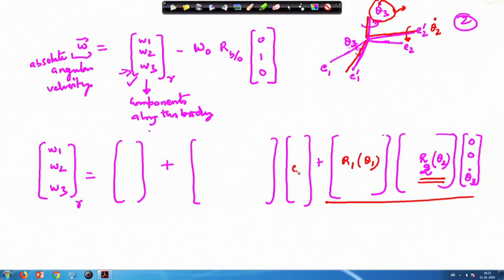So this I have done earlier, you refer back to the earlier lecture, theta 2 dot will lie here, okay. And only one rotation is enough at that time, this is R 1 theta 1. And here finally, you are giving the third rotation about the first axis, which is the first body axis itself. So there we have written this as theta 1 dot, this part 0 0, okay.